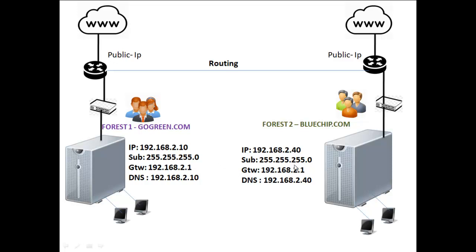You will get a different subnet on forest 2 and a different subnet on forest 1. So routing is required, or you can set up a secure connection between two routers or two servers so that they can communicate with each other. So let's see how to do that.